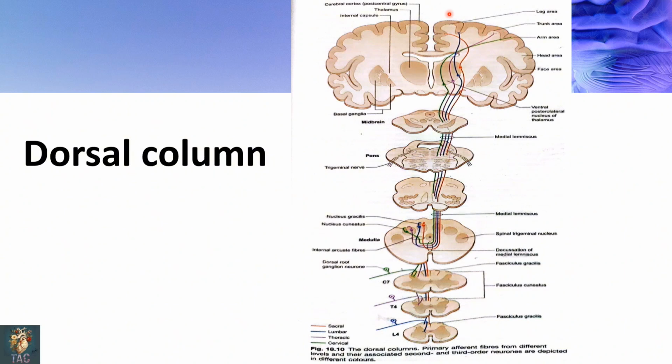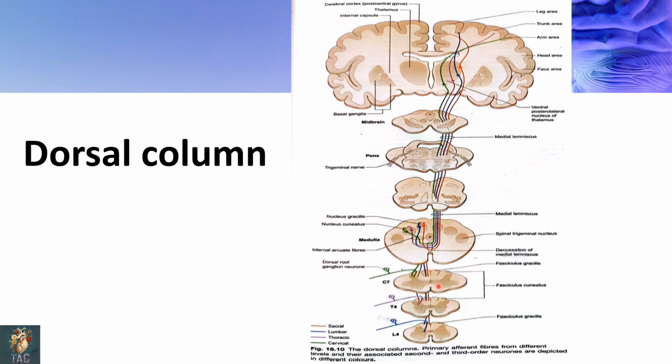Again, in the somatosensory cortex, in the next slide we will see the homunculus, where we will study that the somatotopic organization is maintained at this level also. So this is very important to memorize, because lesions at different levels will involve different fibers.